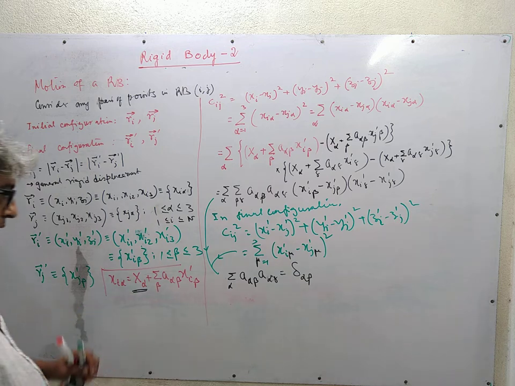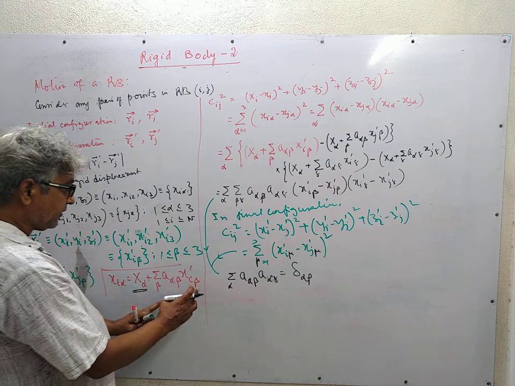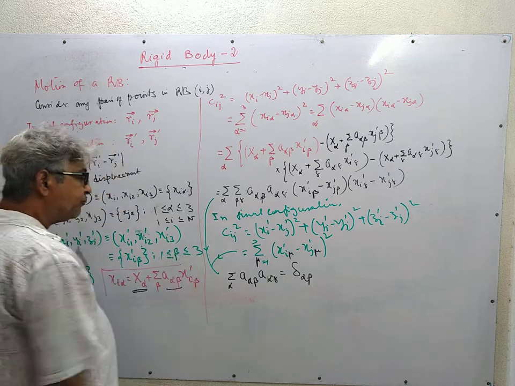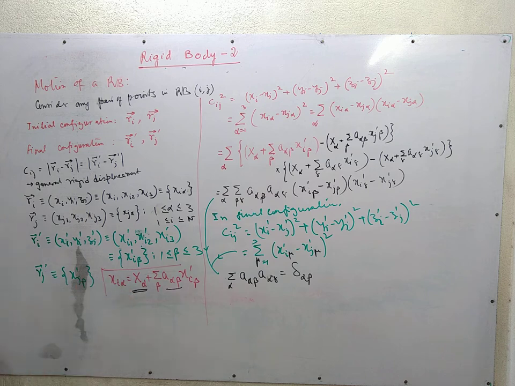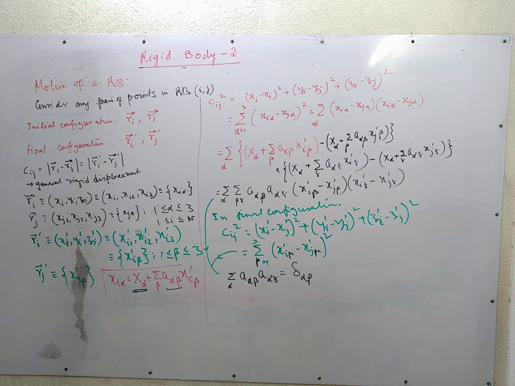And the next part, which is different for different particles, is taken care of by this part, which is characterized by a 3 by 3 matrix whose components are A alpha beta, where alpha and beta range from 1 to 3. And this is the property that should be obeyed by the components of the matrix for the rigidness of the displacements.